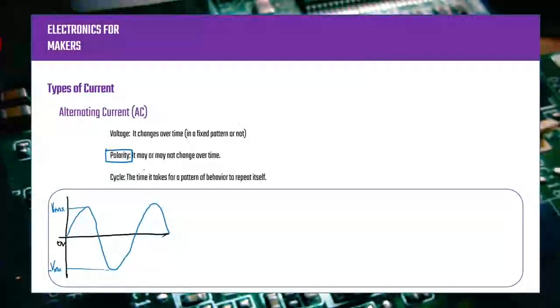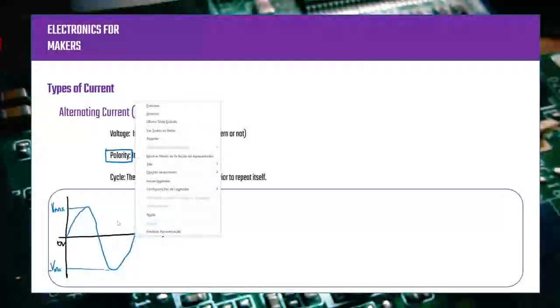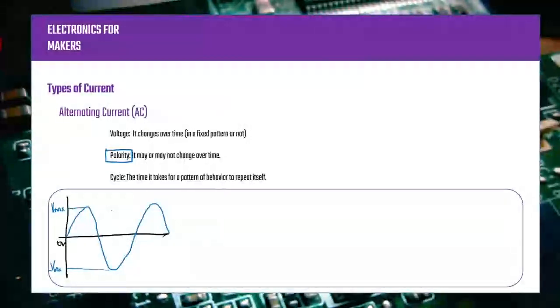It's inverted. The positive terminal is now the negative. And when it reaches 0, it starts all over again. The one that used to be positive becomes positive again, the negative becomes negative again, and so on and so forth to infinity.